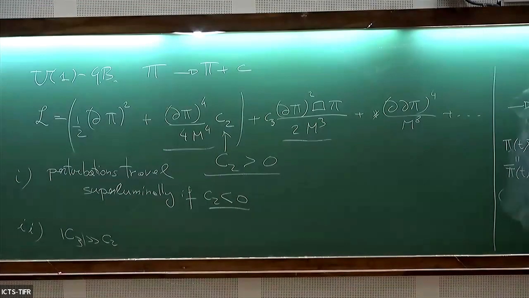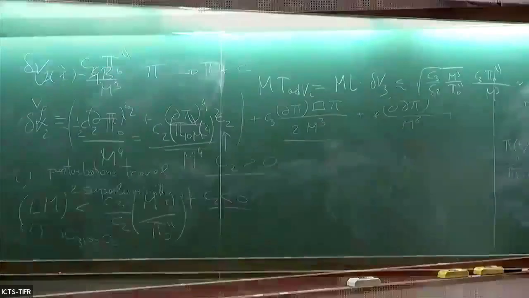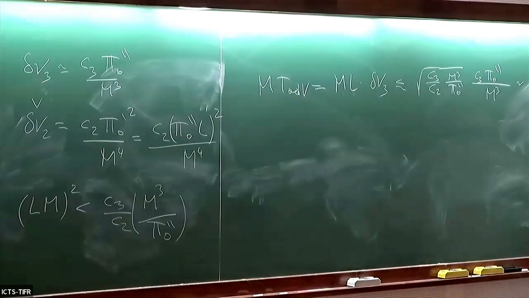Then you put all factors in a nice form, and this is C3, C2, m cube.